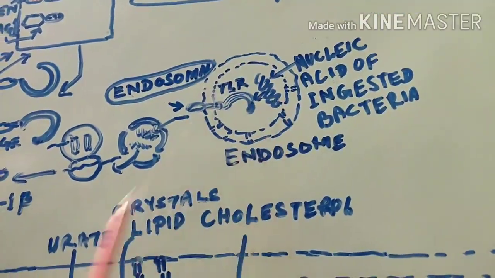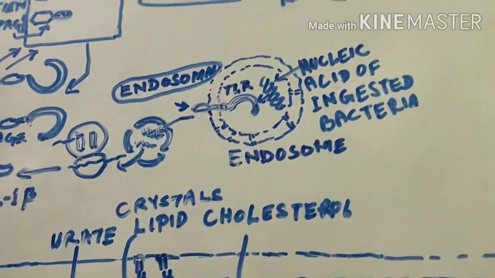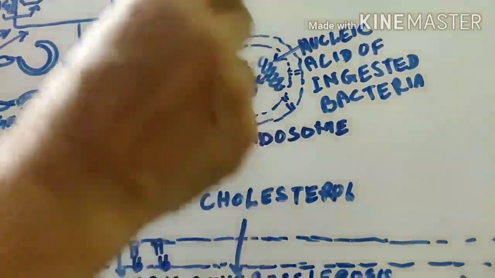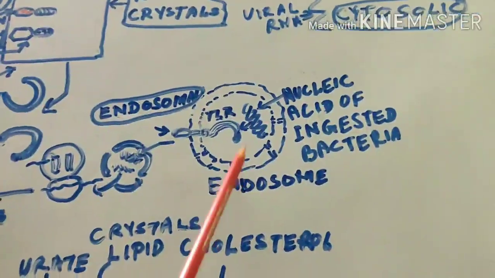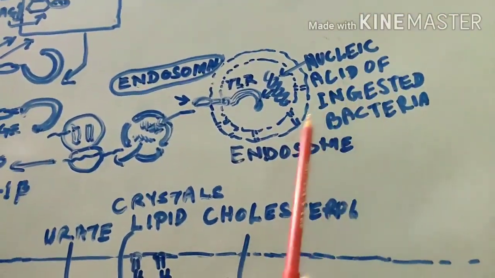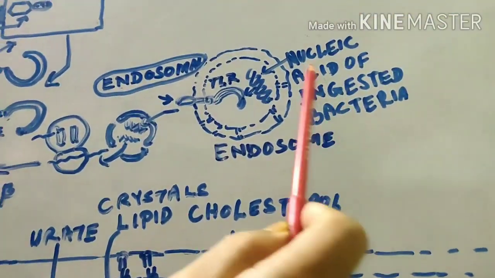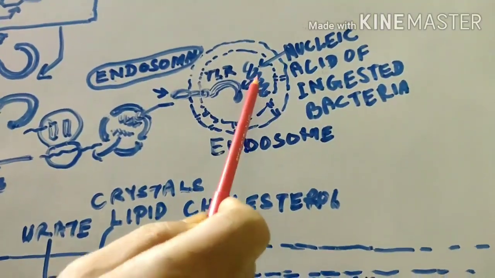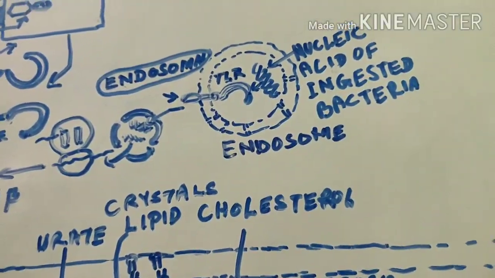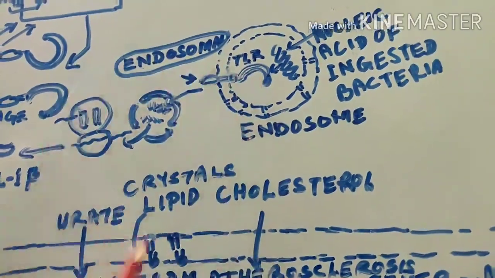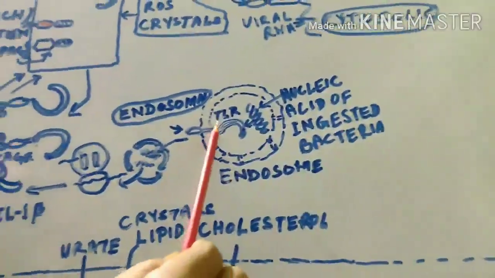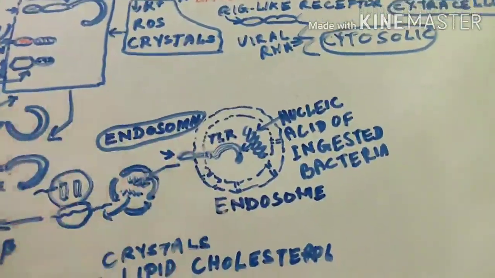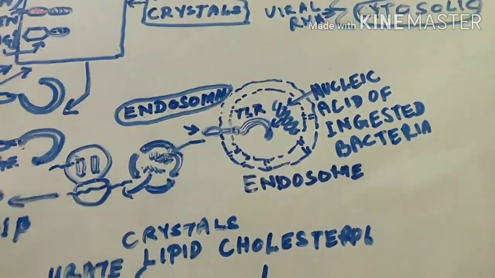This is the endosome, which ingests the virus inside the cell, and you can see the nucleic acid of ingested bacteria and viruses. Here you can see that of bacteria. The nucleic acid of the ingested bacteria present inside this endosome binds to the toll-like receptor, the endosomal receptor.